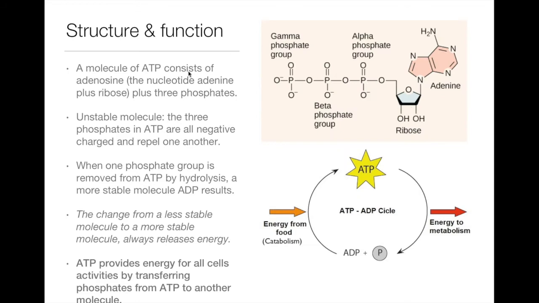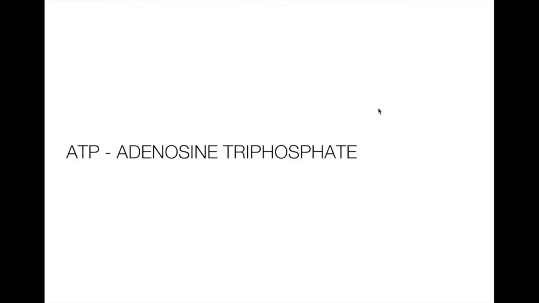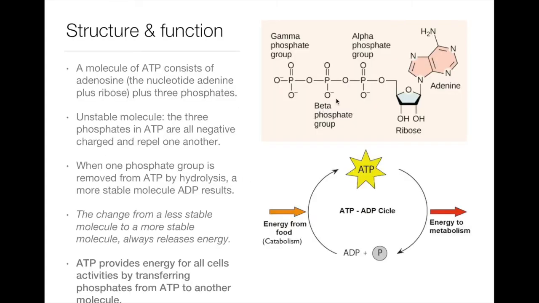What is adenosine? Adenosine is the nucleotide adenine plus ribose. So this is adenosine. And triphosphate stands for three phosphate groups: 1, 2, 3. So adenosine, adenine plus ribose, and triphosphate, three phosphate groups.